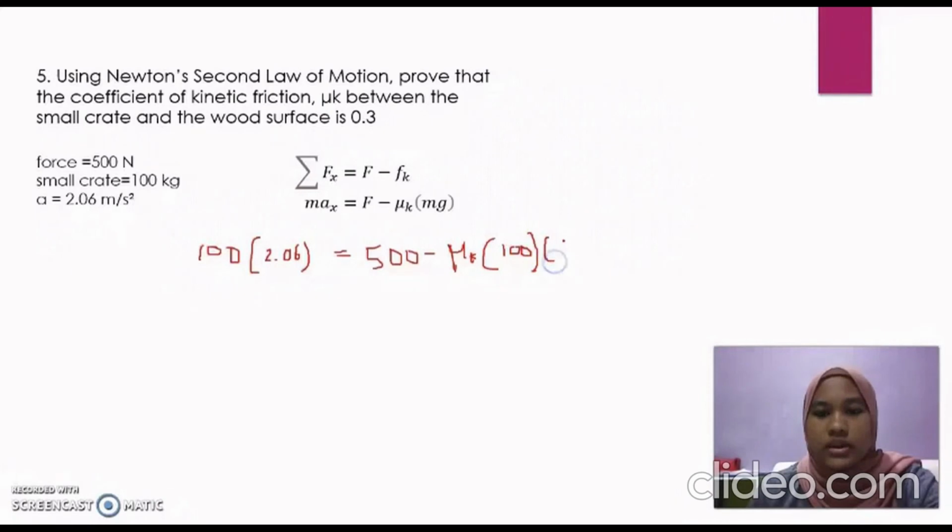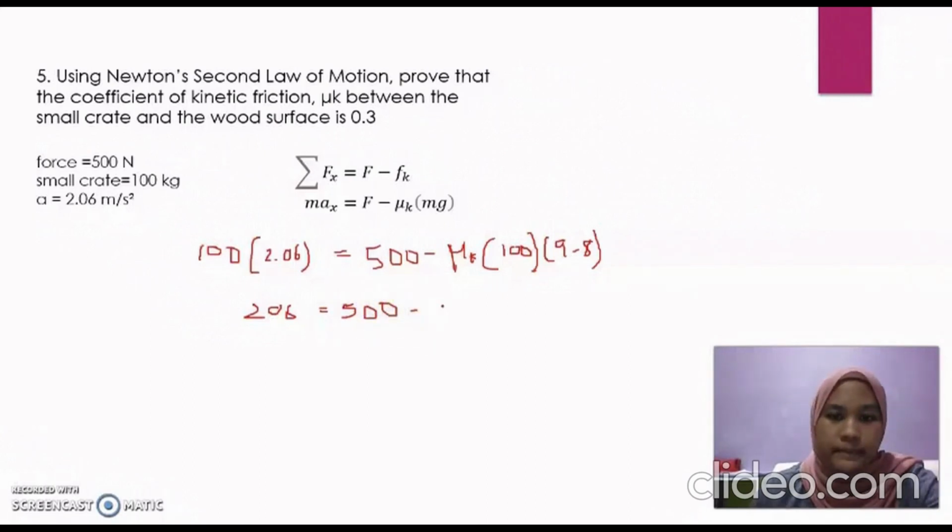We know the gravity is 9.8. So here it becomes 206 equals 500 minus 980 times the kinetic friction.